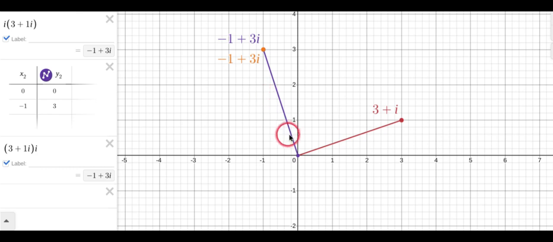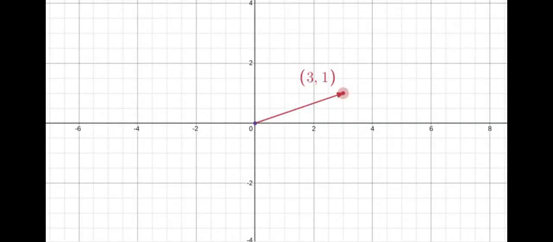So why did I do this? I'll show you right now. Okay, so here's my vector 3, 1. Now I'm going to multiply this vector from the left with the bivector E1, E2. Oops, what do we do here? We got a rotation clockwise by 90 degrees.